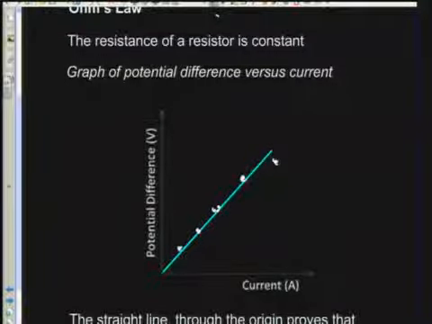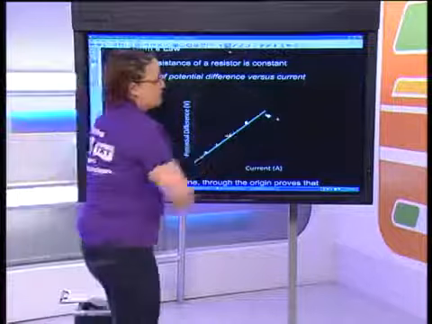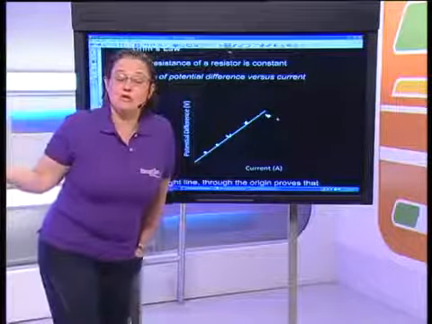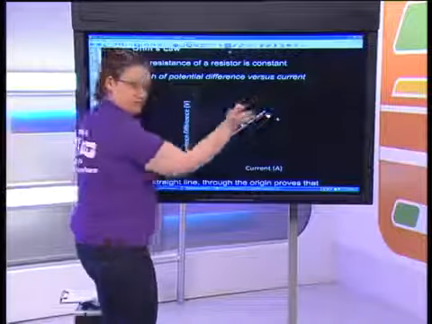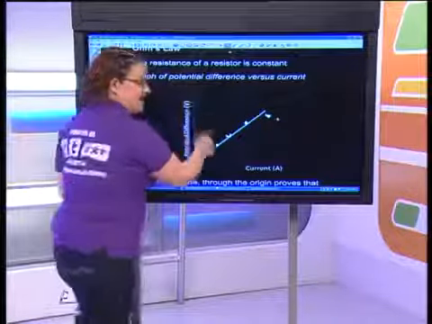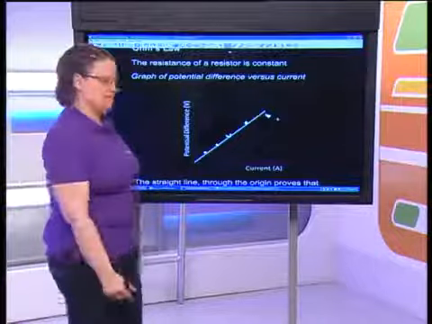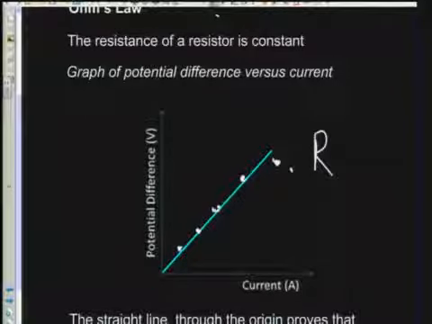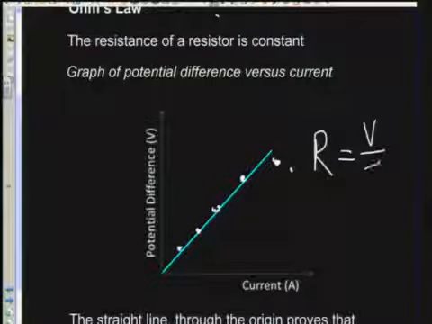Okay. Wow. That just arbitrarily, sorry, I've got some extra points because me and the board aren't talking right now, but there was a point that just went off to one side. That's fine, you don't include it, you draw the line of best fit, okay? This gradient is R, because R equals V over I.